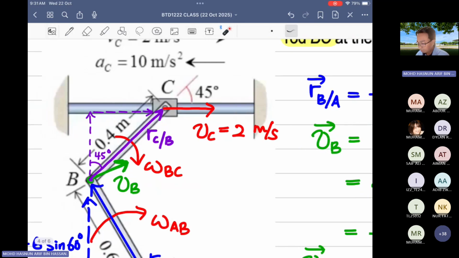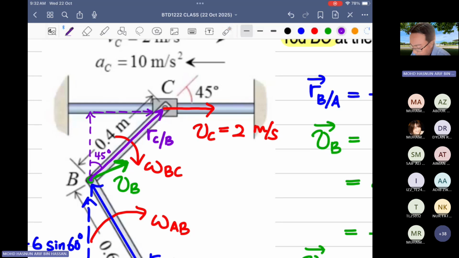We know the length BC is 0.4. So now what you need to calculate is 0.4 cos 45 and also 0.4 sine 45, which will give you the same value. So cos 45 degrees times 0.4 gives us 0.2828.